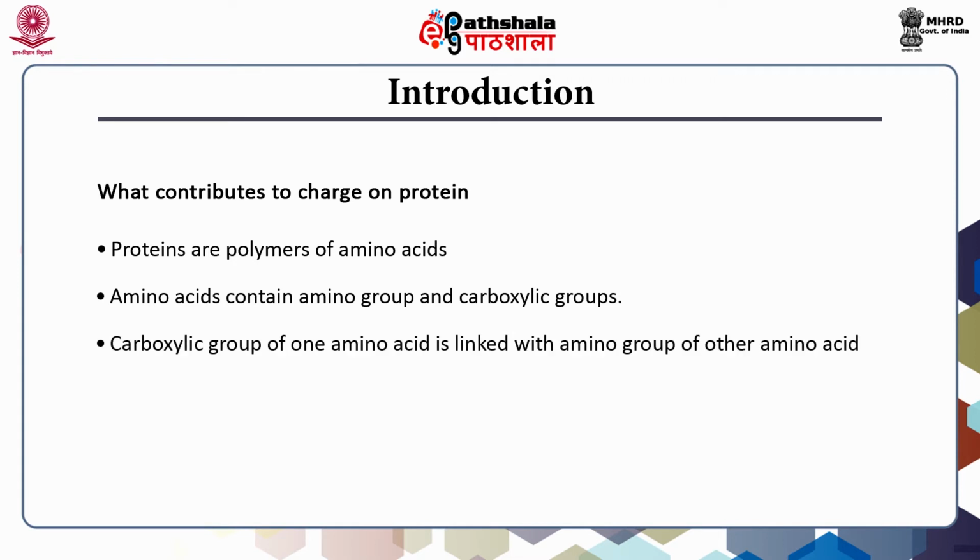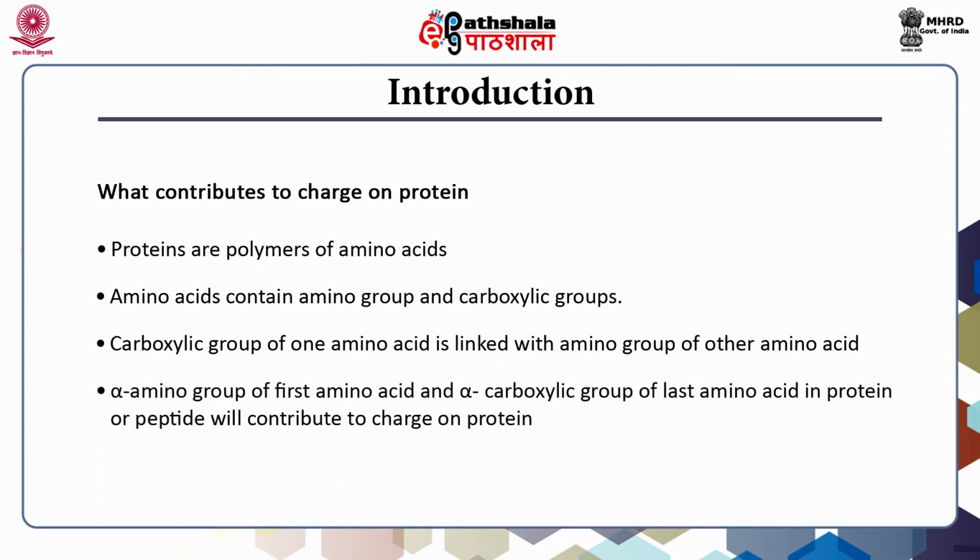The carboxylic group of one amino acid is linked with the amino group of another amino acid, and thus these groups are involved in peptide bond formation and will not contribute to charge. However, the alpha amino group of the first amino acid and the alpha carboxylic group of the last amino acid in a protein or peptide will contribute to charge on the molecule.